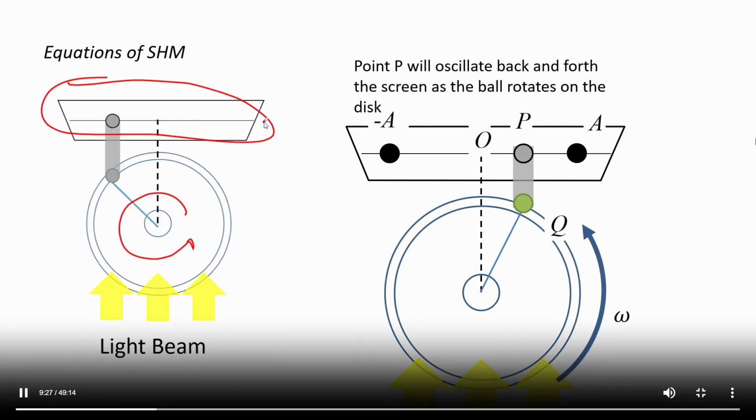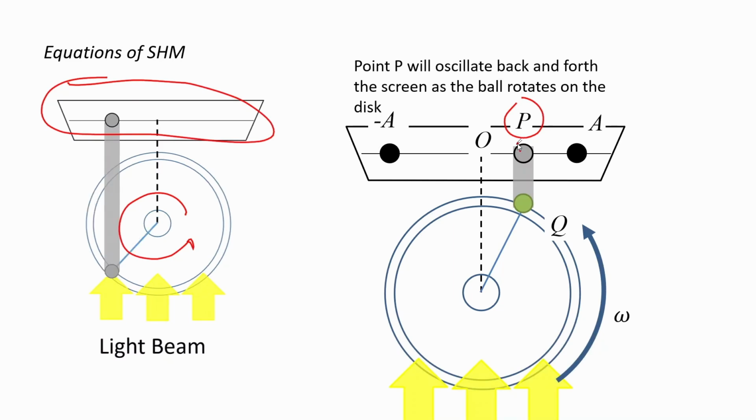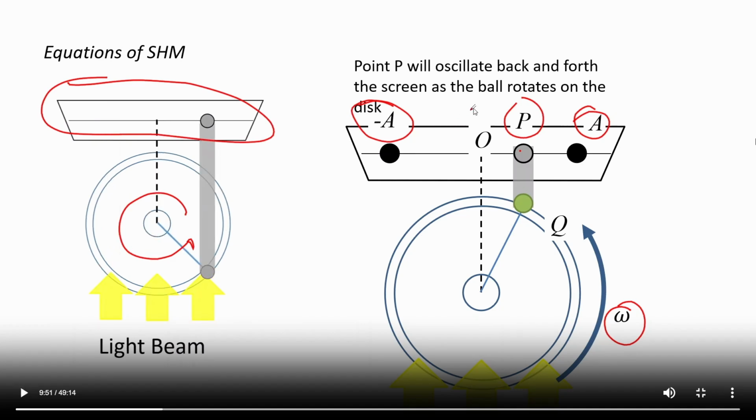Point P will oscillate back and forth on the screen as the ball rotates. From the rotation you can get the angular velocity. You have the positive amplitude, the maximum at this point, and the negative amplitude at this point, for both linear and rotational motion.